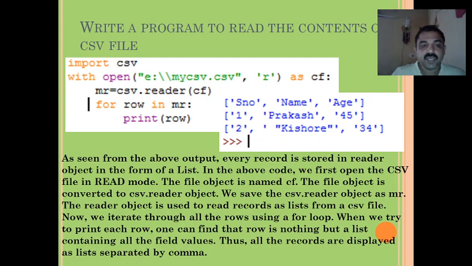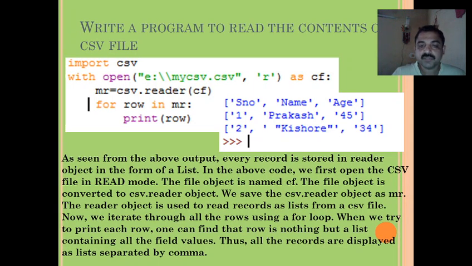As seen from the above output, every record is stored in the reader object in the form of a list. In the above code, we first open the CSV file in read mode. The file object is named cf. The file object is converted to a csv reader object.